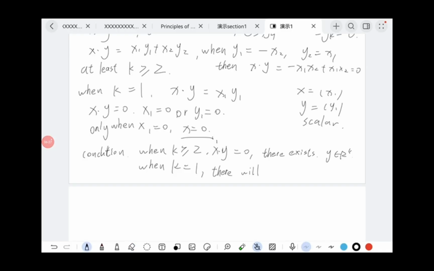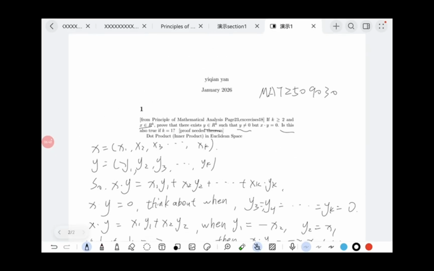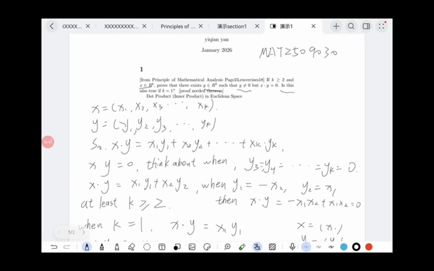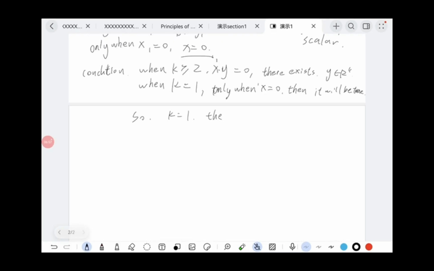When k equals 1, only when x equals 0 will it be true. So when k equals 1, the proposition is not true.